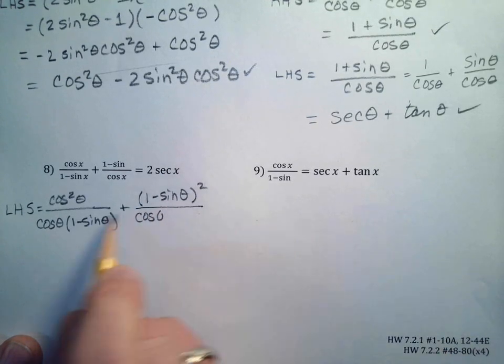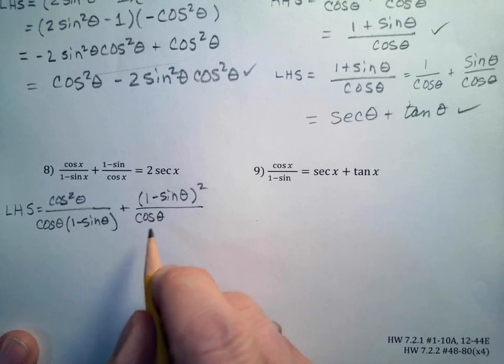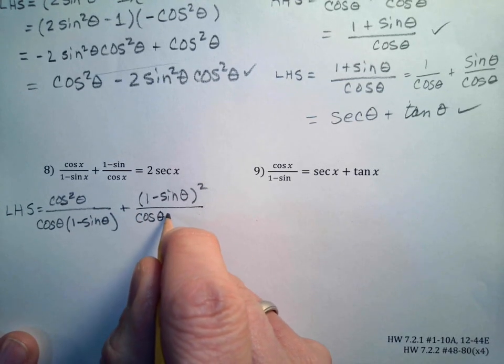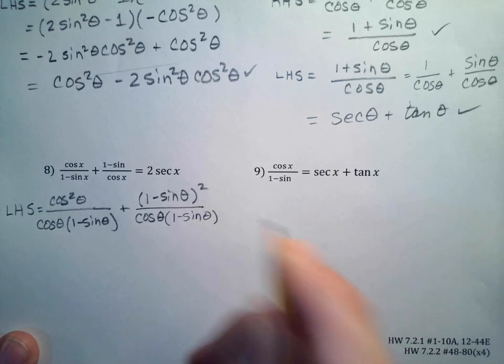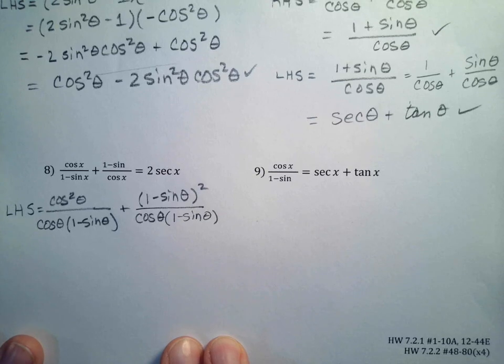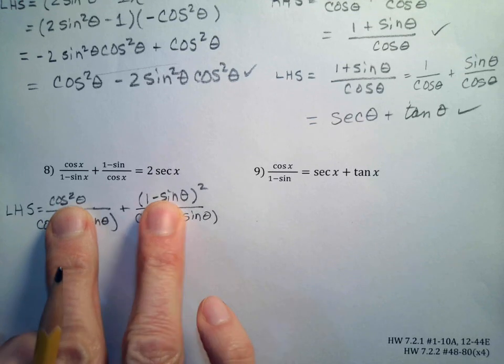I'm using thetas. I switched from x's to thetas. Okay, well, I'll just leave them as thetas. Cosine theta, and then 1 minus sine theta. All right, so now I have a common denominator. And then I can try to simplify the tops.